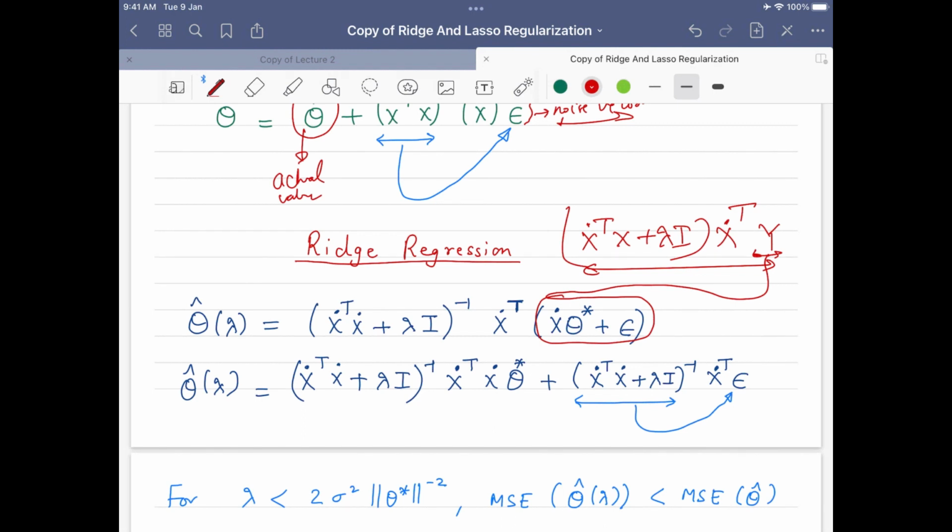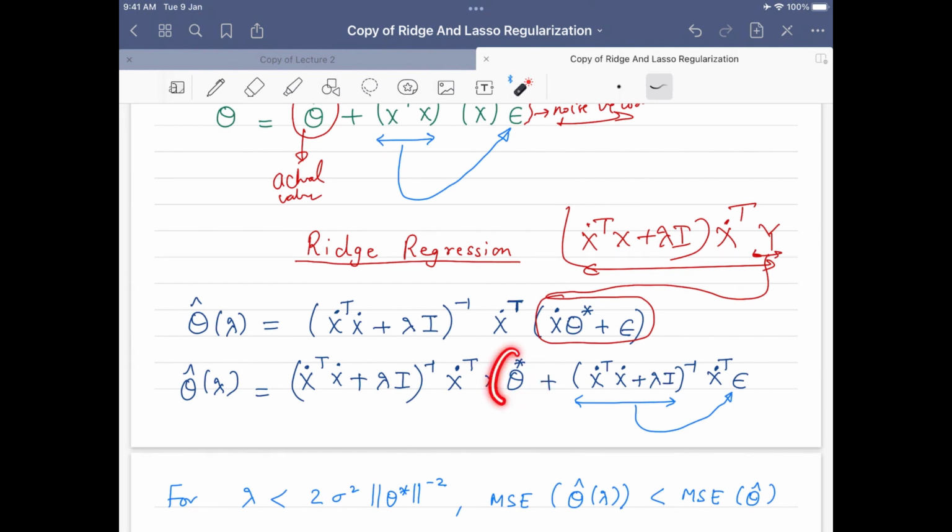Once we have this, you can again separate them into two different parts. And once you have separated them, you can see that your lambda is actually helping us in, first of all, making this inversion stable. And you are now getting a regularized version of this theta estimate.